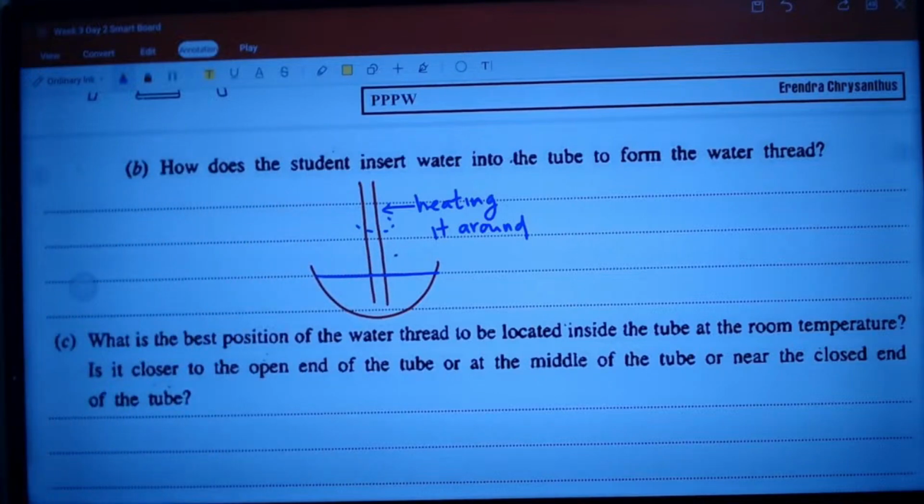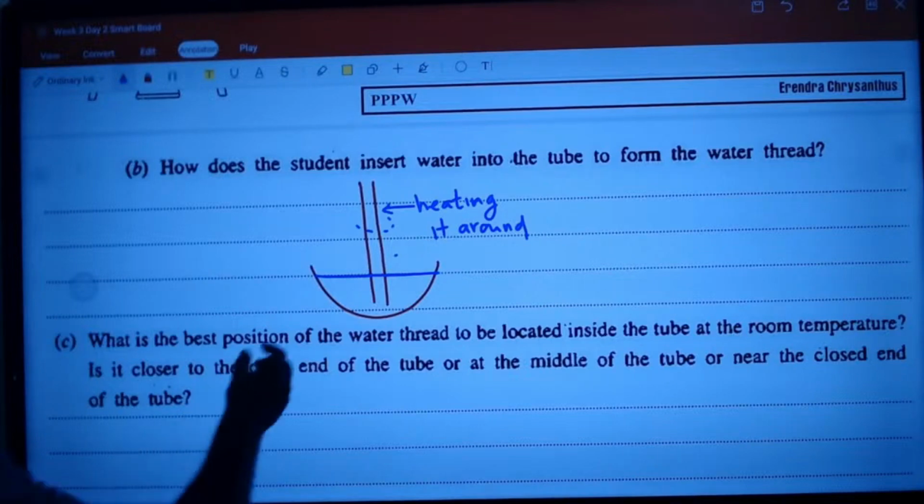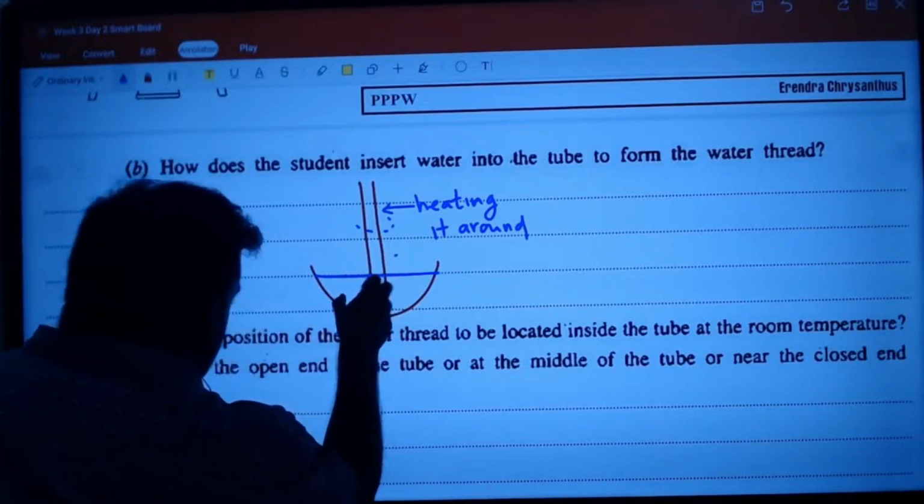Right there. We heat the tube and the open end is inserted into water.